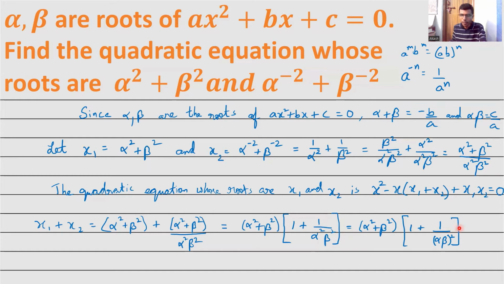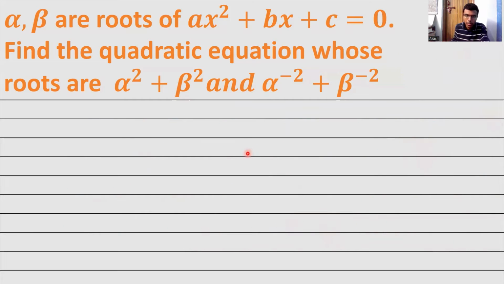Why I wrote like this is because I know alpha beta is c by a. Now I need to find out alpha square plus beta square. Till here, I'm going to take this part as 1. You guys can write it vertically; due to lack of space, I'm just writing like this. So now let's find out alpha square plus beta square.